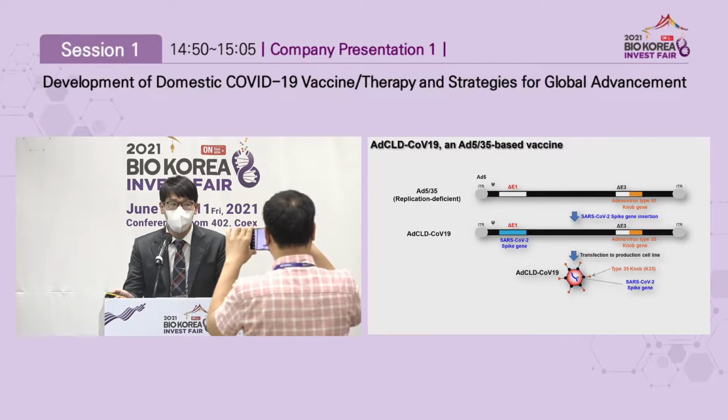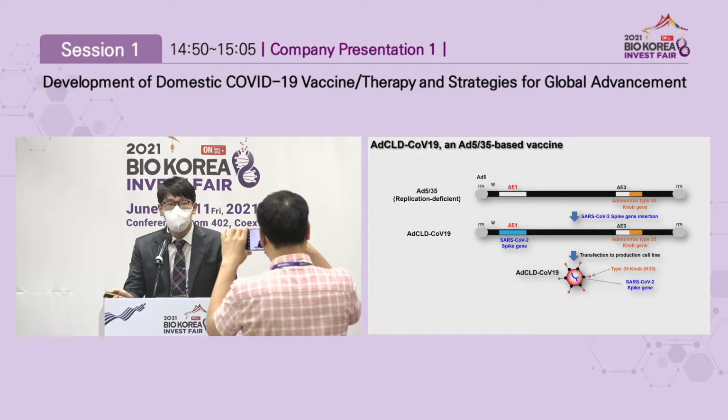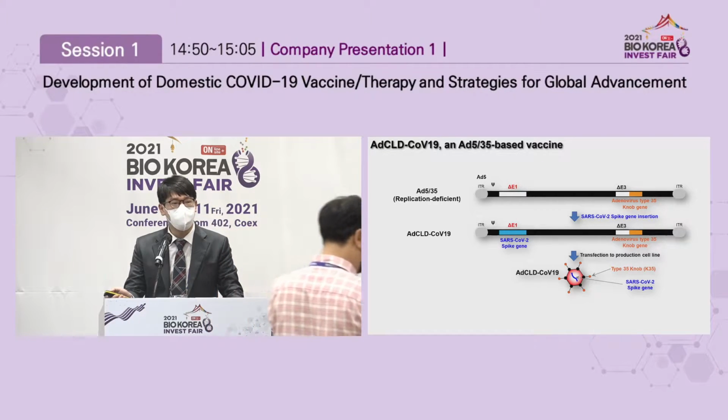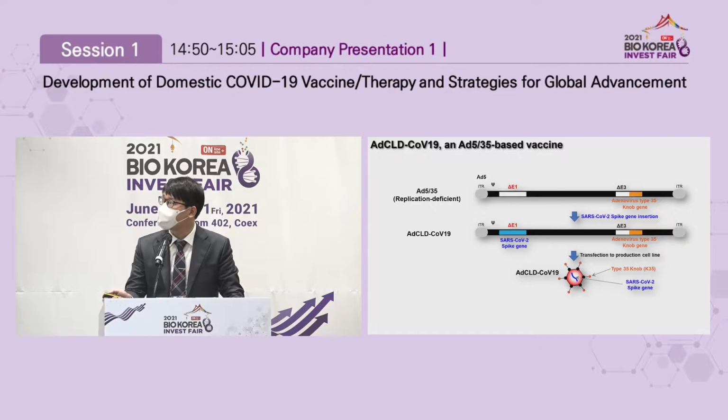This adenoviral vector makes people catch a cold, and we make use of this. If we remove this part, the circle part, then this virus can no longer cause a cold in the human body.